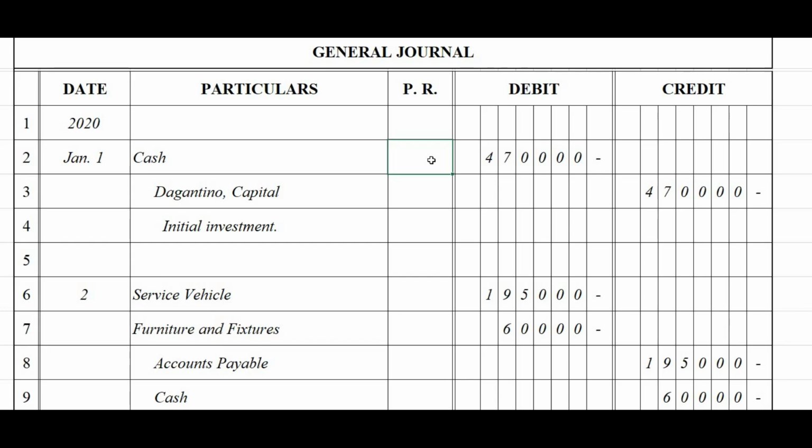So we can just write here 110. Again, this is the account number of your cash in your general ledger. For Dagantino Capital, that's 310. Okay? So, ibig sabihin nito that you posted this particular account to the ledger with the number 310.